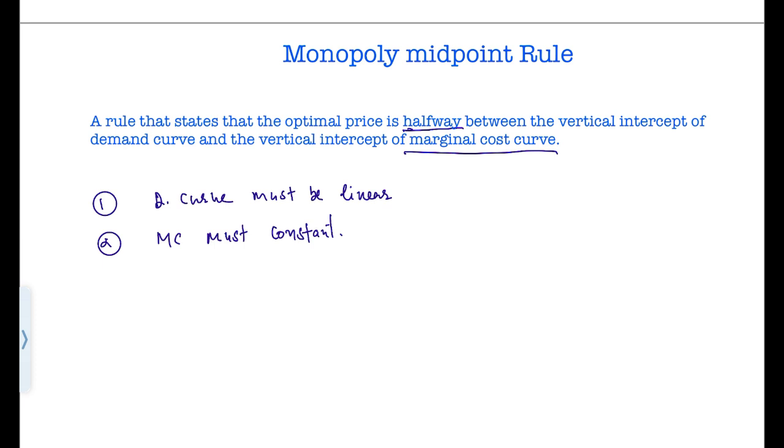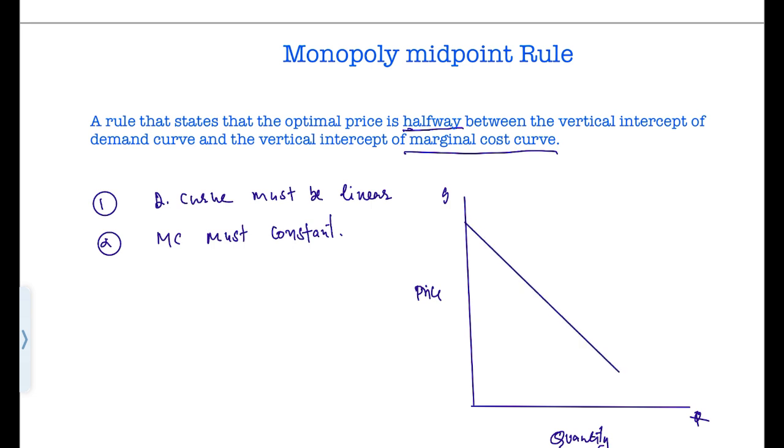So I am going to tell you through a diagram how to calculate such problems. This is our y-axis, which is price, cost, and revenue, and this is the x-axis, quantity.